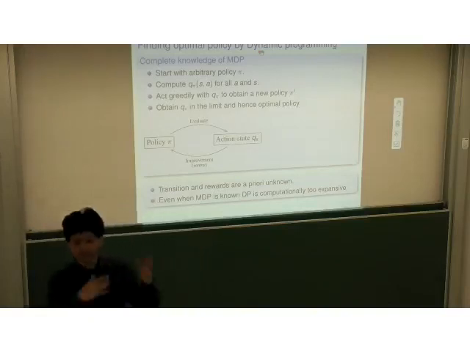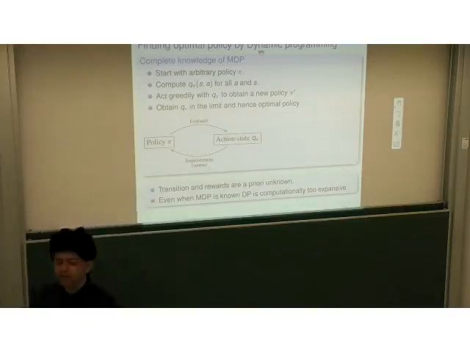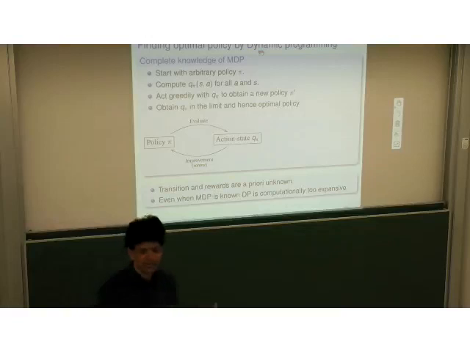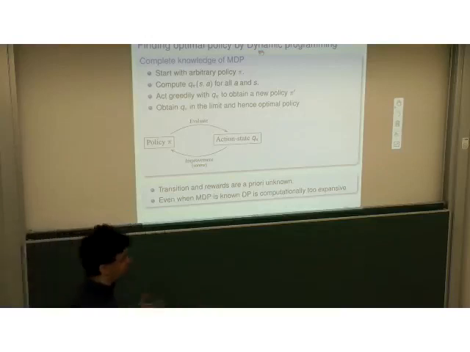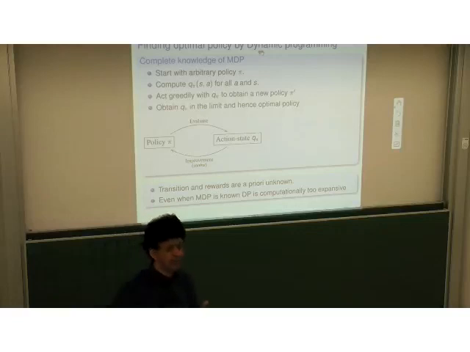So we have states, we have actions. When we perform an action, there is a probability of going to the next state, and when we go to the next state, we get some reward. So this is not deterministic. When I perform an action, what will happen is still probabilistic.